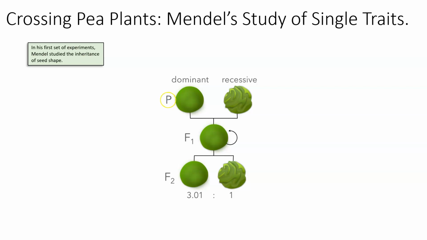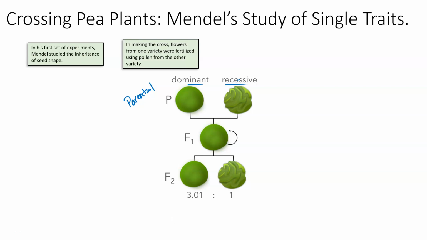In his P generation, which stands for parental, he always crossed a dominant and a recessive form of that particular trait. Now, if he was looking at flower height, obviously he would use a dominant, the tall, and the recessive, the dwarf. But like I said, for this slide, we're just focusing on seed shape. But again, seed shape is not the only variety he was studying.